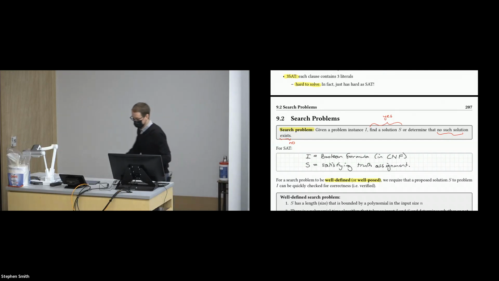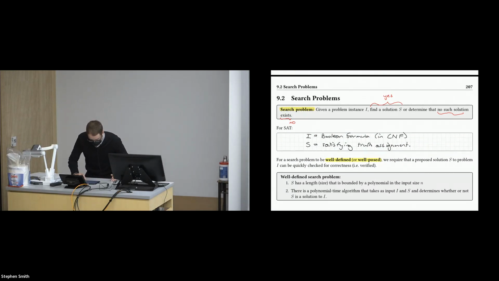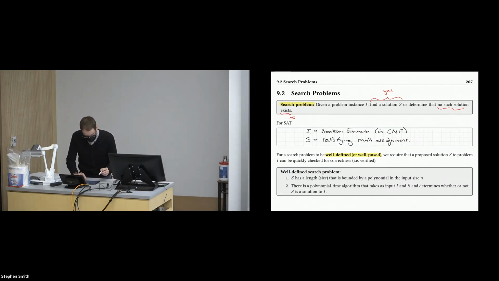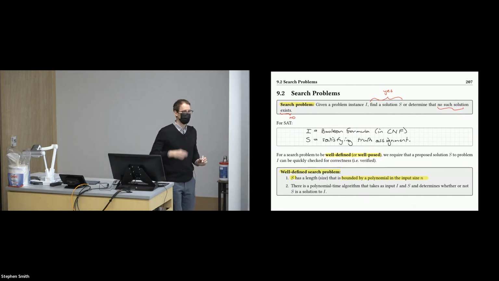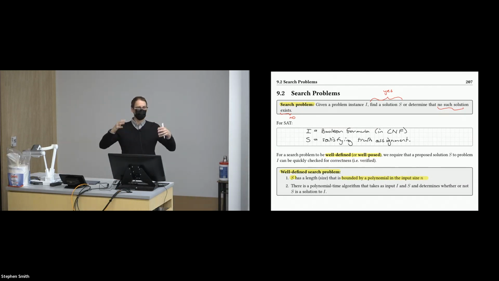So we say that a problem is well defined if two things are satisfied. One is that the solution isn't too long. So the solution has a size that's bounded by a polynomial in the input size n. So your problem can't ask you to output a solution that's exponential in the size of the input.